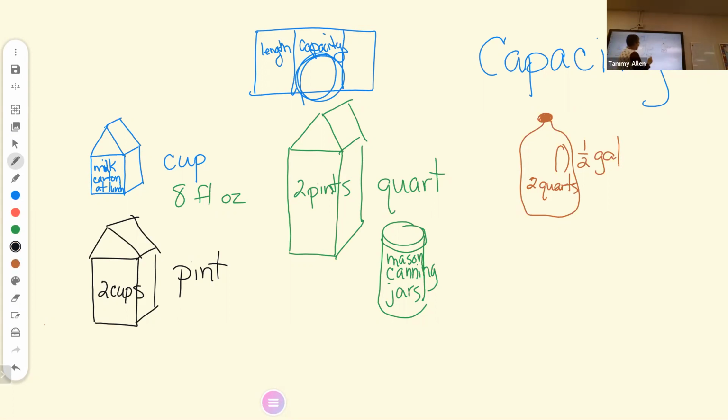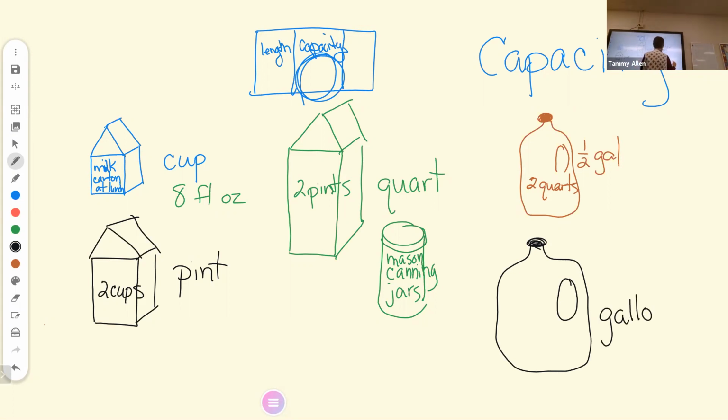The last one would be the full gallon. Okay. With the old handle over here. And it is 2 half gallons, right? Alright.